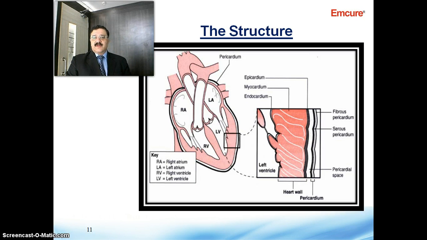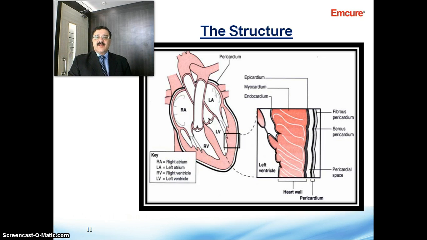Then further to it, we have a layer called the epicardium, which envelops the heart muscles. In between the epicardium and the pericardial space is the outermost layer, which acts like a sac-like structure and envelops the heart all around, called the pericardium.